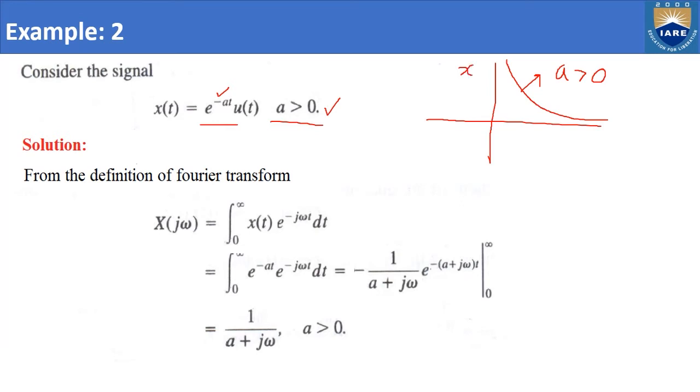So x of t is a decaying exponential. As the a value increases, the signal decays very fast here, like this. Okay, so what is this one?